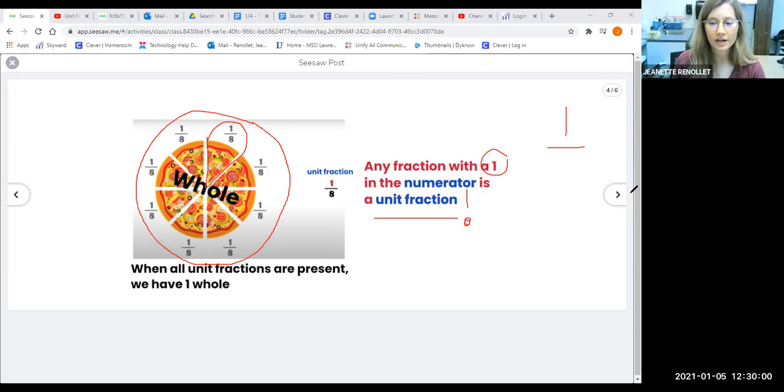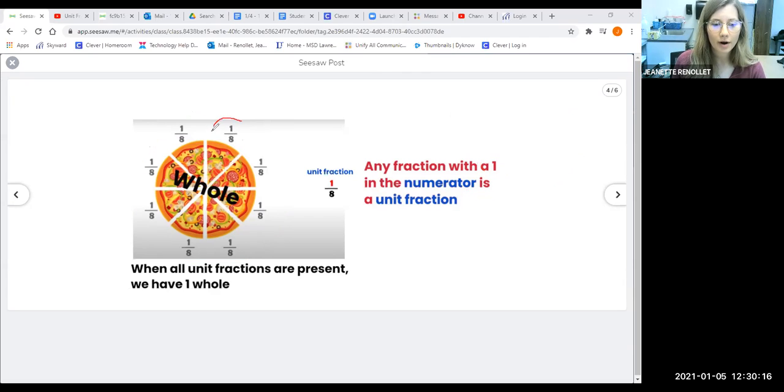If you see the fraction 1/5, you know that's a unit fraction. So Mrs. Sousa has shown us in the video that each part is 1/8.